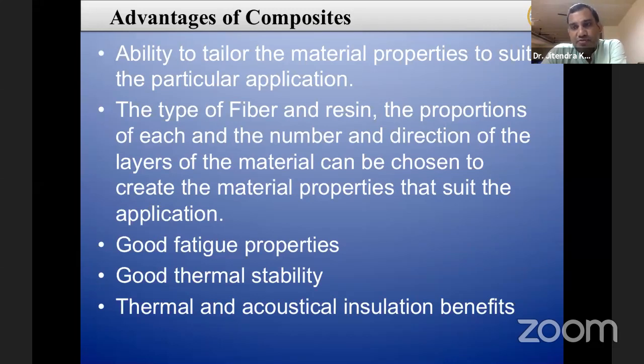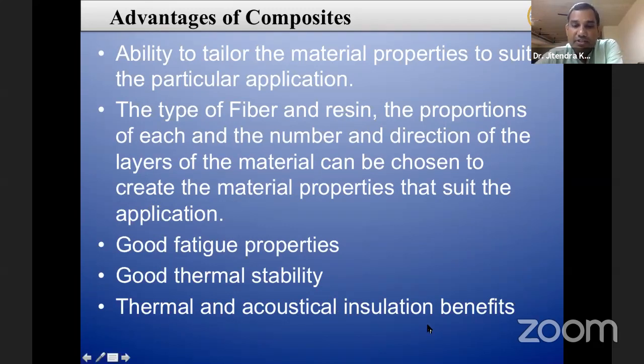When you mix two or three constituents, it will give you better fatigue property, better thermal property, better impact property, better tensile property. So all types of mechanical properties will show excellent results compared to the parent constituent materials.